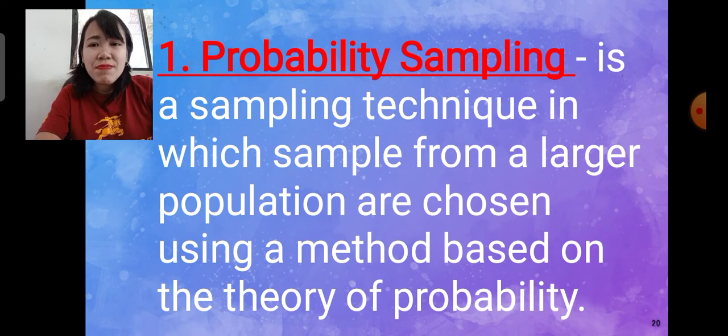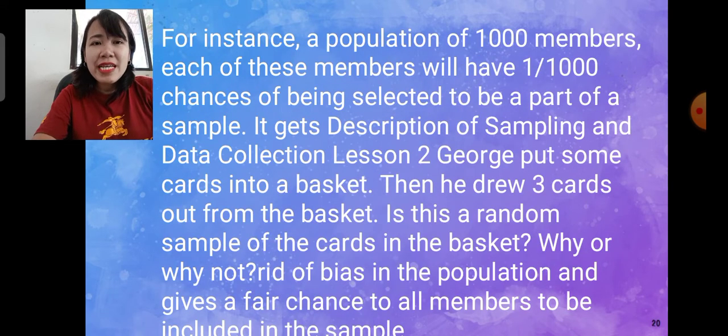The respondents depend on what is needed for your research study. So, depende yan. For instance, a population of 1,000 members, each of these members will have 1 out of 1,000 chances of being selected to be a part of a sample.